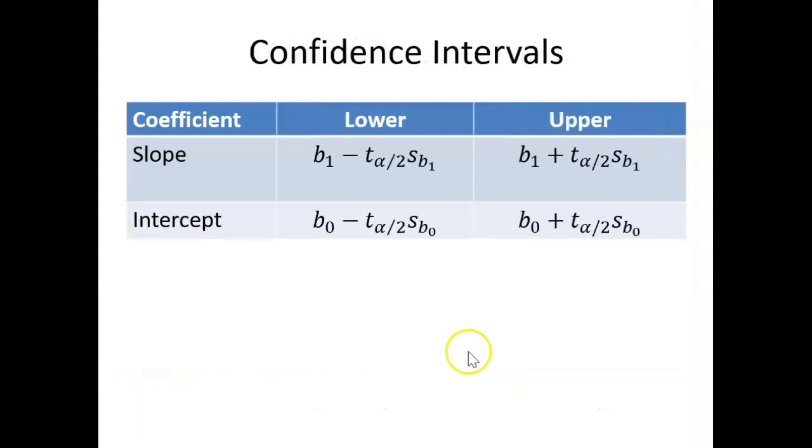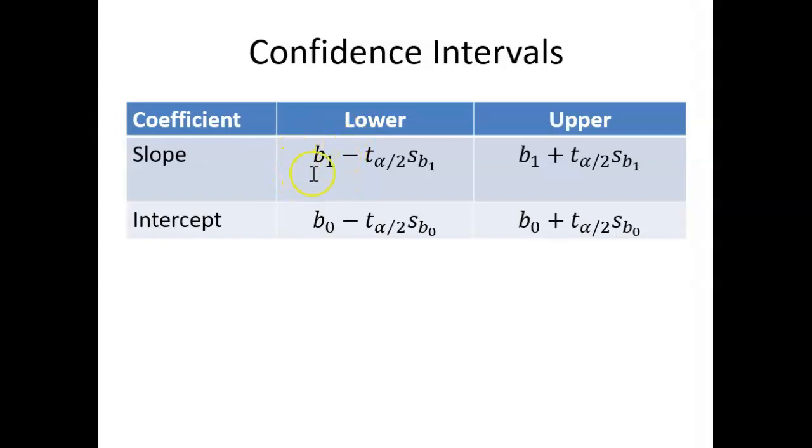Confidence intervals can be constructed just like we've constructed confidence intervals before. The lower and upper limits of a confidence interval are built around the coefficient, the slope estimate.